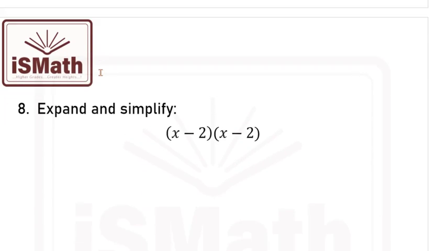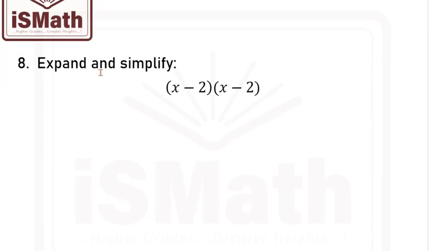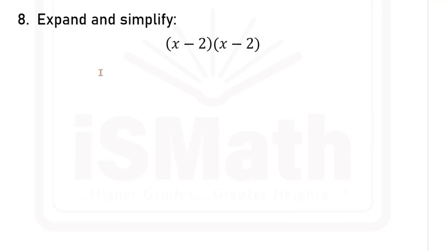Let's go to another question. Question 8. This one says expand and simplify. So let's do the same thing. Again, we'll pick one term in the first bracket, write it down, open the bracket, and write the whole of the terms in the second bracket.